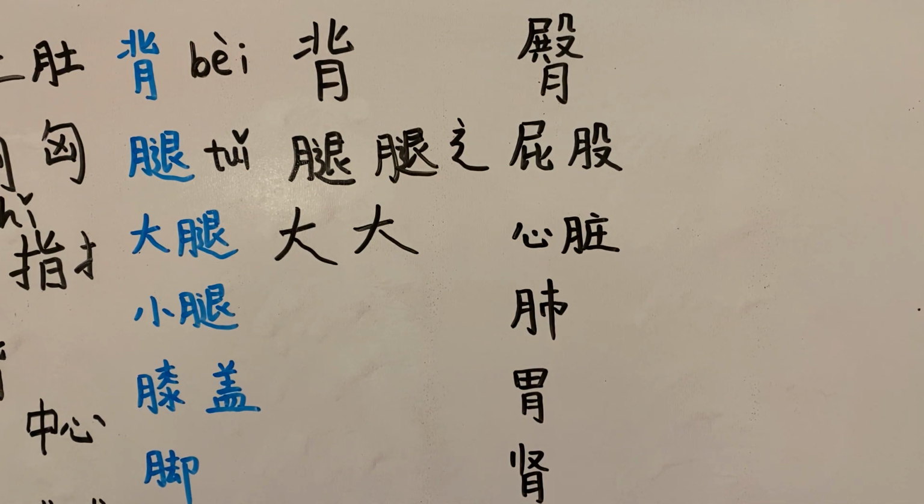大腿 in Chinese also has a rhetorical meaning. It means if you hug someone's thigh. In Chinese, we have a saying, I want to hug your thigh. In Chinese, 我想抱你的大腿, hug your thigh. It means something like I'm counting on you, right?